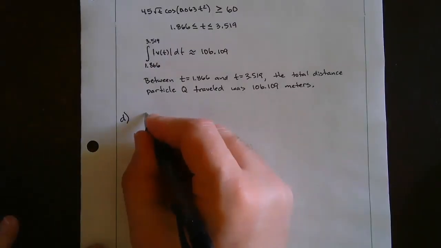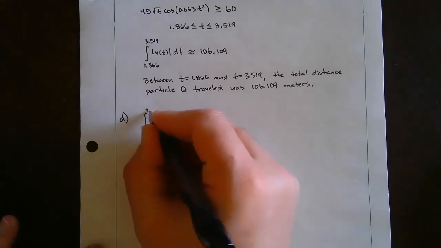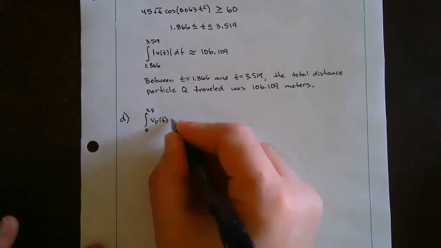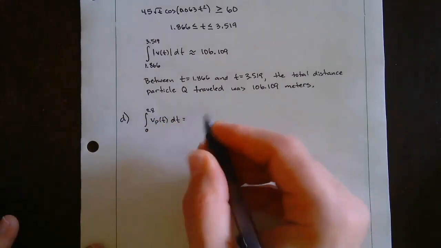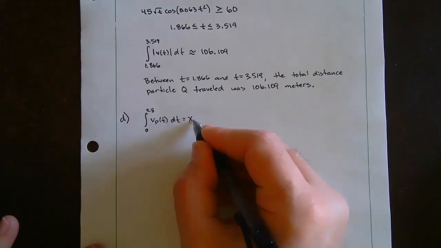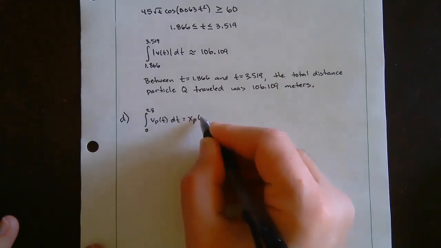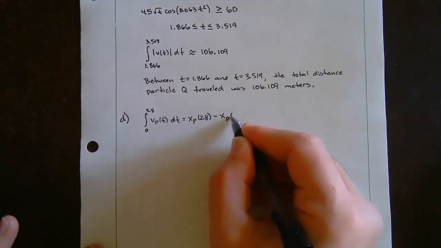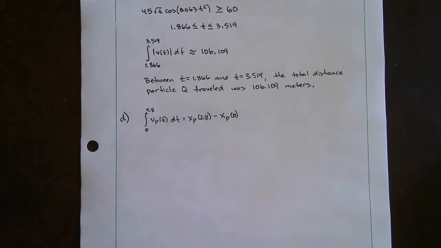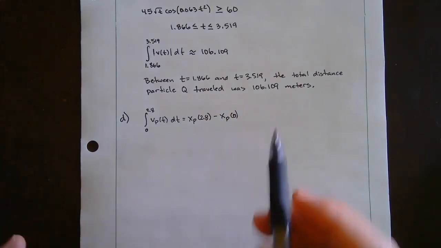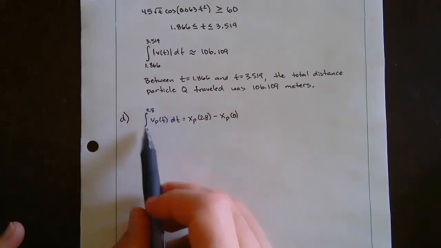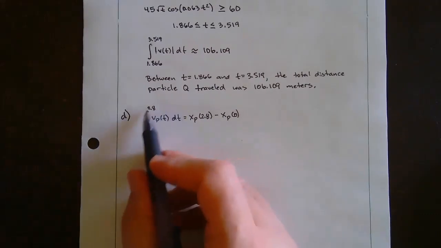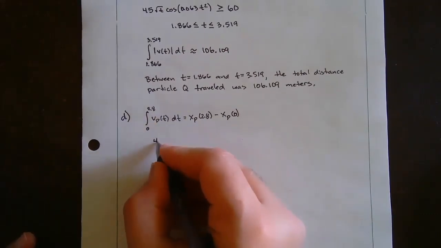Okay, so the integral from 0 to 2.8 of V sub P of t dt would be equal to the position x of particle P at 2.8 minus the position of particle P at 0. The difference between them, the change in position. Now we know this integral is 40.75, and that's from part B. I had to look it up in my answers.